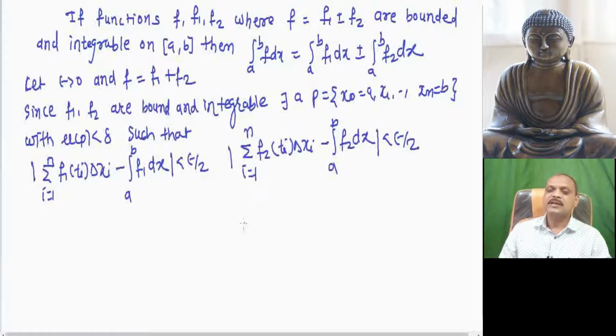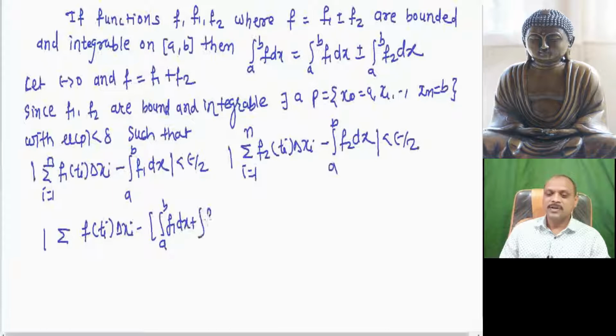These functions are integrable. Now we have considered that f equals f1 plus f2. So let us calculate the summation of f of ti into delta xi minus the integration of f1 plus the integration of f2 between the limits a to b, i equal to 1 to n.